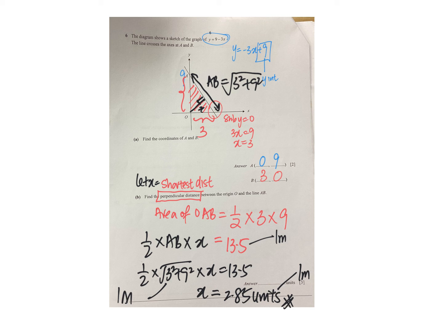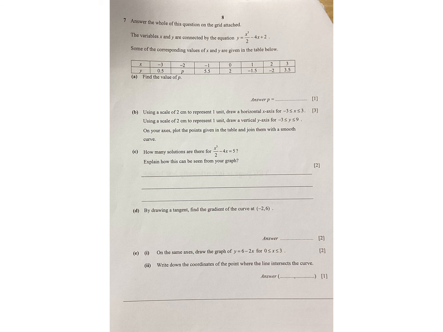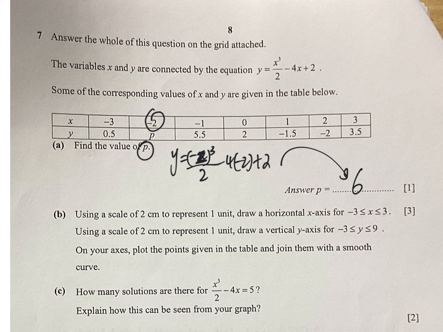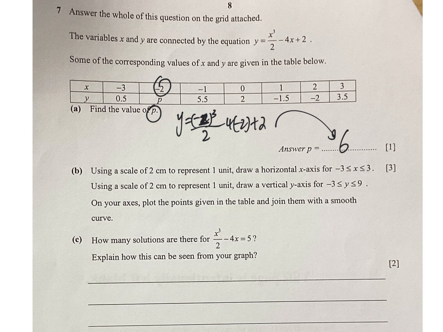So value. Okay, first one. Value of P. Sub in x as 2. So this one, all of you got it right. You should get 6. It stops at 3.